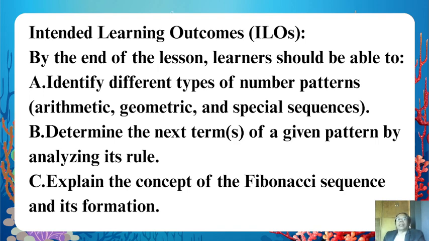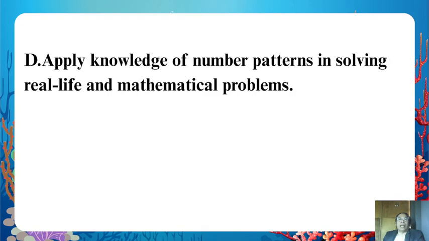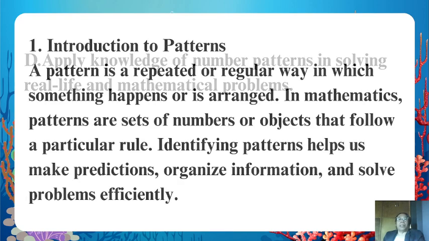B. Determine the next terms of a given pattern by analyzing its rule. Letter C. Explain the concept of the Fibonacci sequence and its formation. Letter D. Apply knowledge of number patterns in solving real-life and mathematical problems.